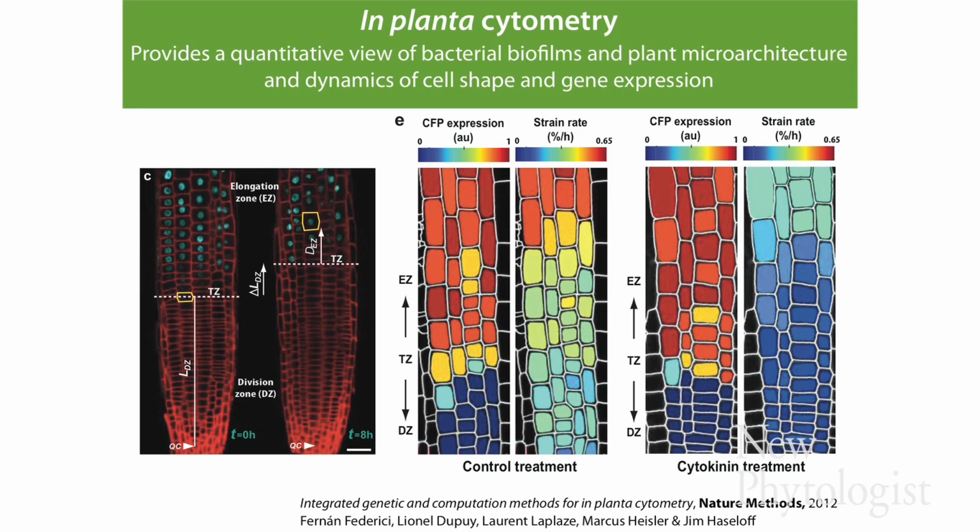So you can use the segmentation process to look at the changes in cell shape over time and map that onto these tissues. And here we've just got two, and these are looking at cytokinin treatment of an Arabidopsis root. And so we think this is something which has legs. I think this is the kind of thing that is very useful for systems analysis of dynamic tissues and feasibly could be built into a microscope for live imaging.